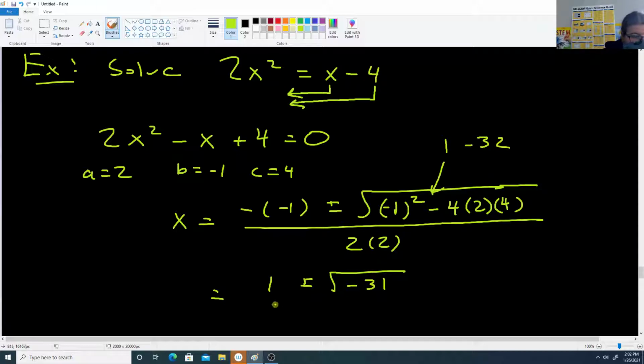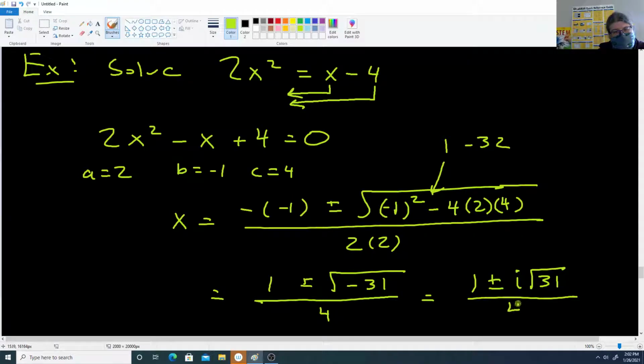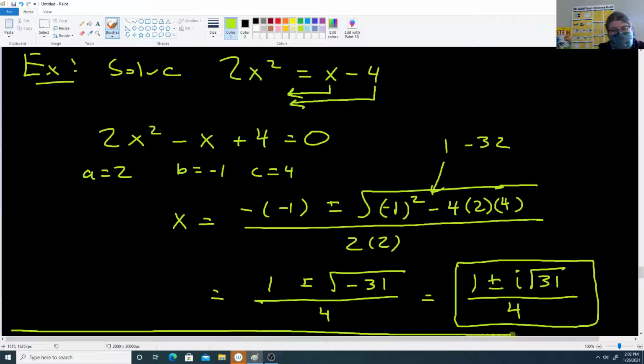So that'd be negative 31 over 4. So if I just make that a plus or minus i square root of 31 over 4, that will be the simplified form. 31 doesn't have anything nice in it. There's nothing that can cancel with a 4, so this will be our solution.